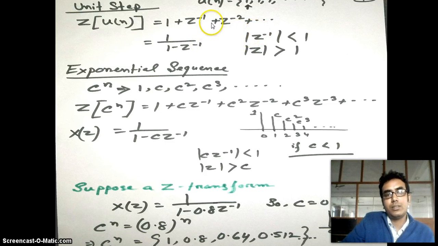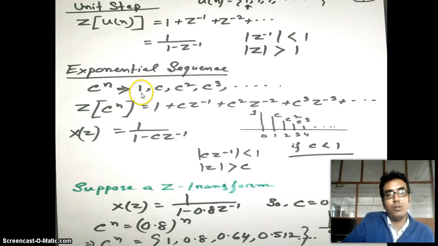For the GP series, you can write this if |z inverse| is less than 1, so |z| will be greater than 1. Any exponential sequence is denoted as c to the power n, and the samples will be 1, c, c square, c cube.